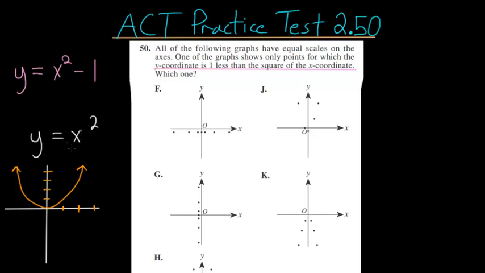So if we plug in 1 for x, so that'd be this point, then you have 1 squared. And 1 squared is just 1, so the point (1, 1) would be on this graph. But if you put in the value 2 for x, and then you'd have to square it, and 2 squared is 4. So the point (2, 4) would be on the graph as well.